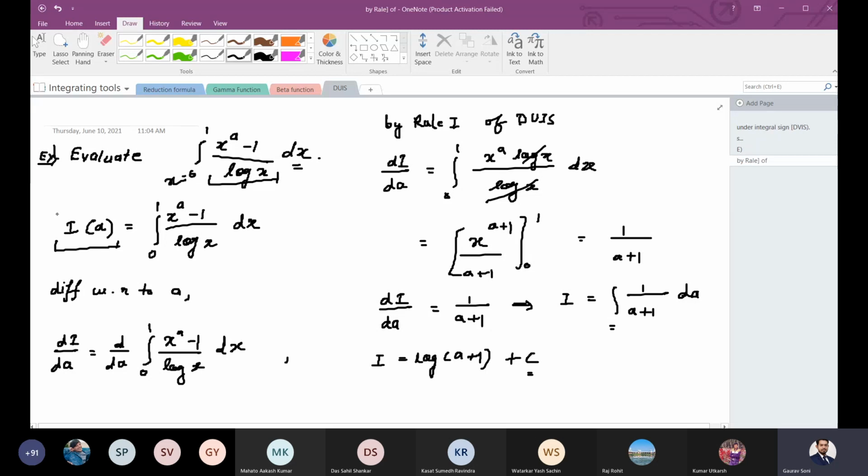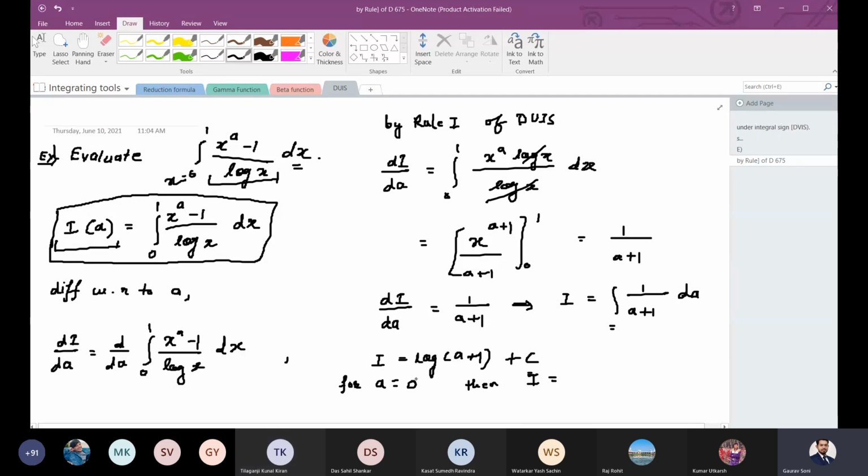Is there some value of a by which you will get the value of I easily? For a equal to dash, I will become dash. 0. If you put a equal to 0, then I equal to 0, right? x raised to 0 will become 1, 1 minus 1 is 0. Integration of 0 is 0.